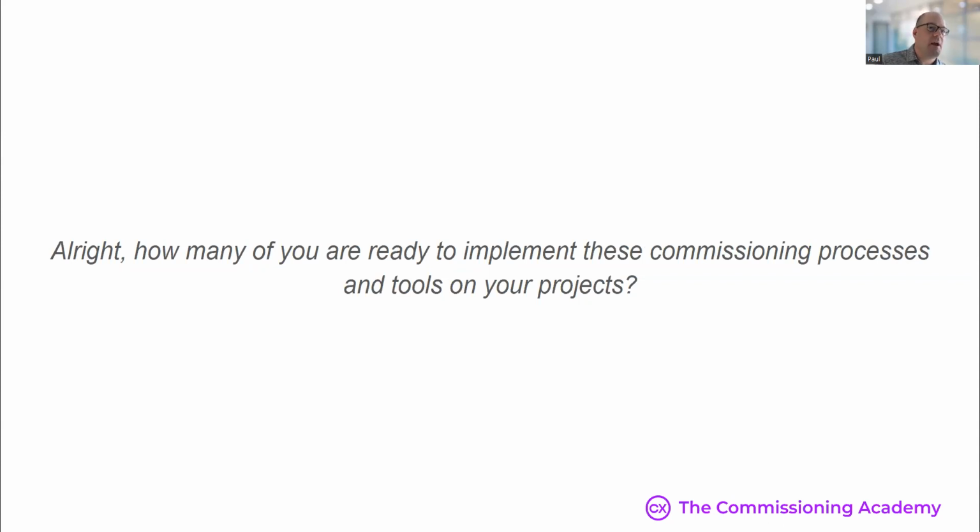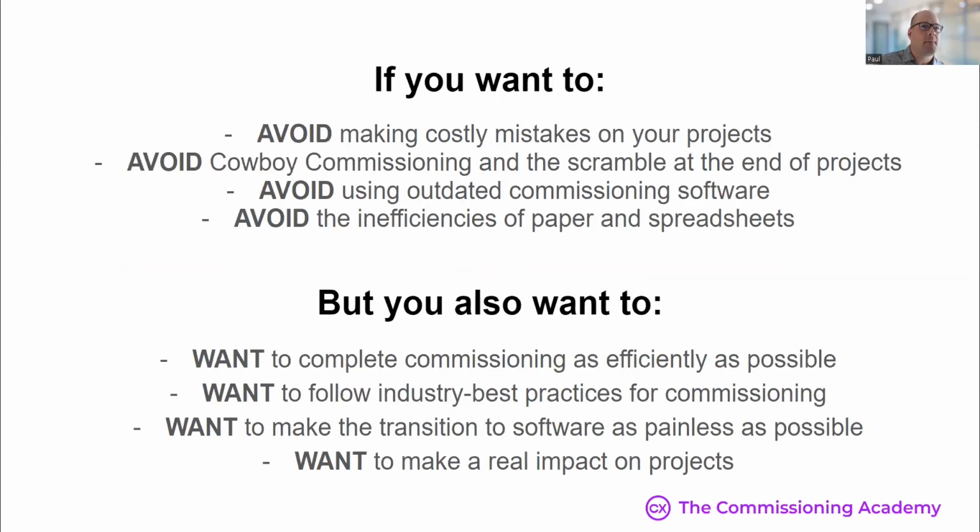What I've given you today are the commissioning tools and processes that successful project teams are using to simplify commissioning and to complete commissioning as efficiently as possible. These are the tools and processes if you want to avoid making costly mistakes on your projects. You want to avoid cowboy commissioning and the scramble at the end of projects. You want to avoid using outdated commissioning software, and the inefficiencies of paper and spreadsheets.